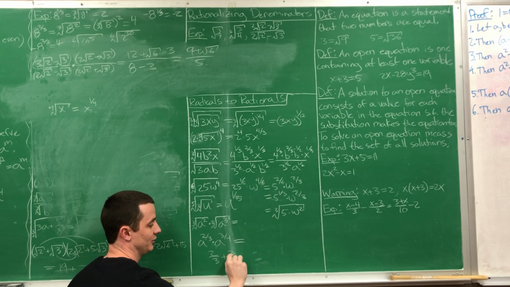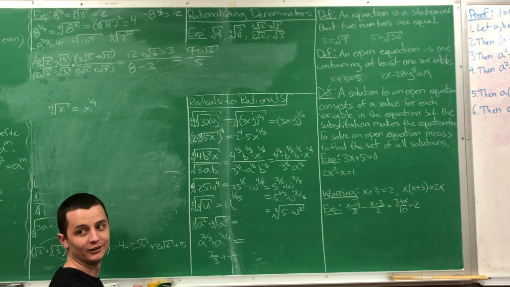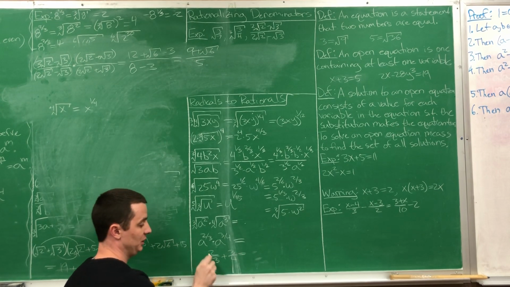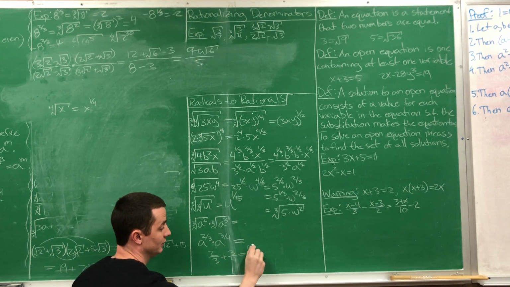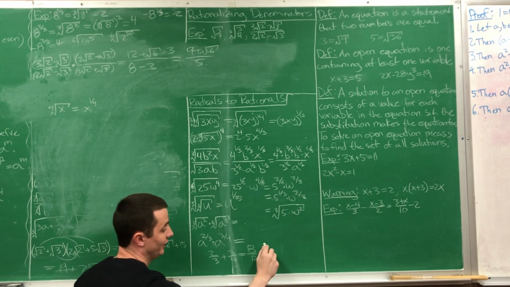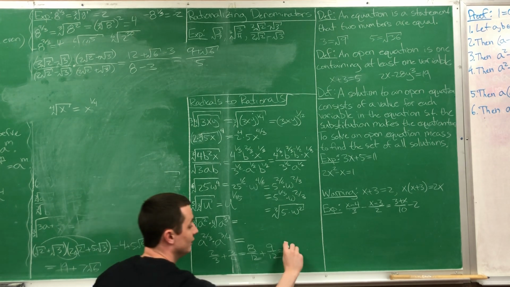2/3 plus 3/4. You gonna make me write it out? What's our common denominator? 12. So how many twelfths is this? 8 twelfths. Multiply top and bottom by 4. Plus multiply top and bottom by 3, 9 twelfths, is equal to 17 twelfths.